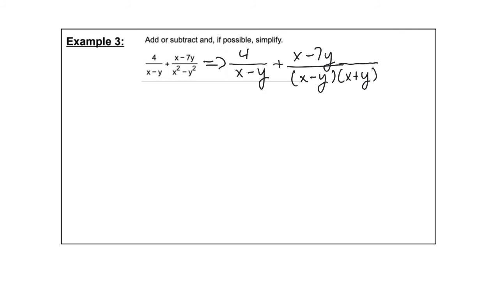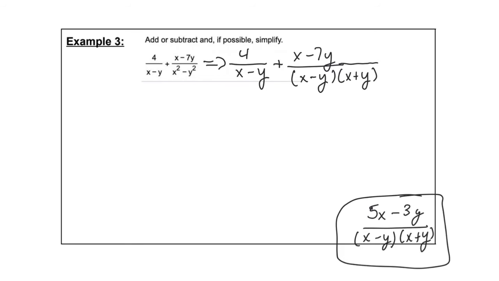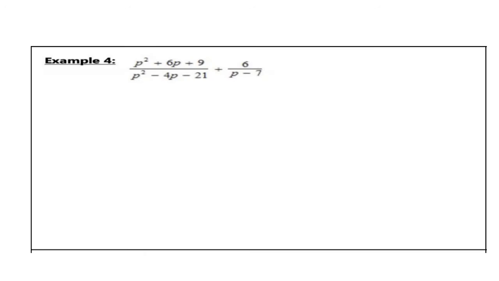Sort of like example 1, except we had t squared minus 25, so it was t plus 5 and t minus 5. Now I want you to finish this on your own, and I will give you your final solution so you can make sure you got this. It should equal 5x minus 3y all over x minus y times x plus y. Try that on your own, and I'll move on to the next question.